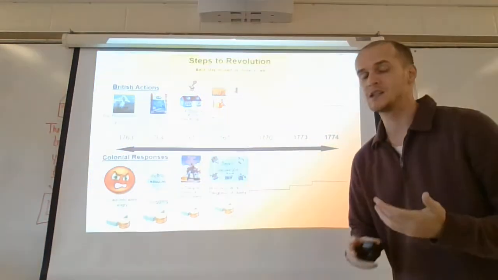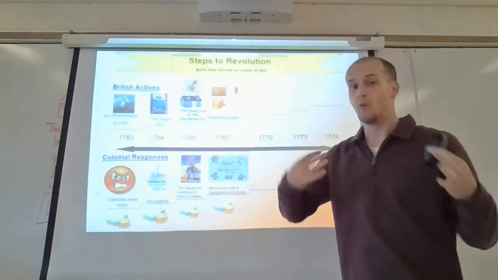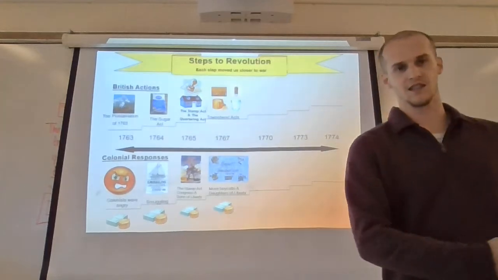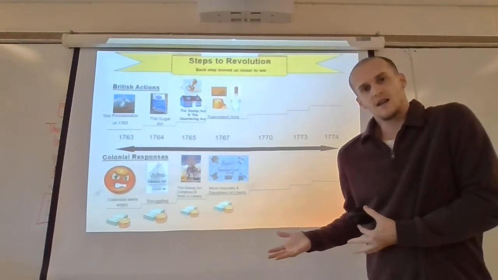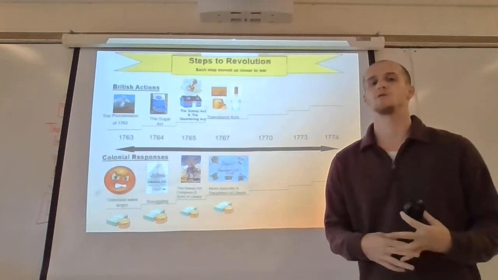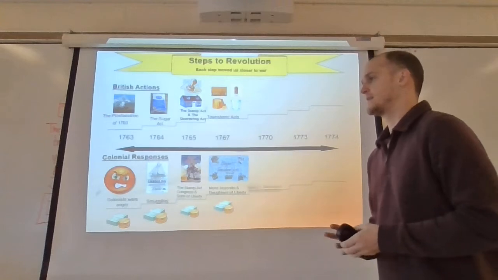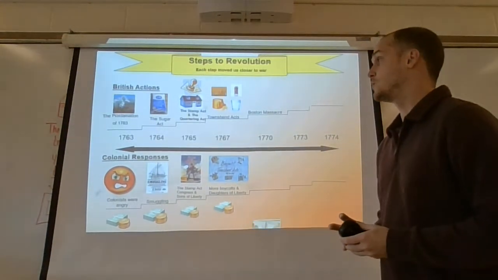And this is important because these boycotts of British goods, back in this time period, women were the ones in the homes. Women were the homemakers. And so those going to shops and buying goods are females. So in order for these protests and these boycotts to really take place, the women are the ones that are finding different things to purchase.